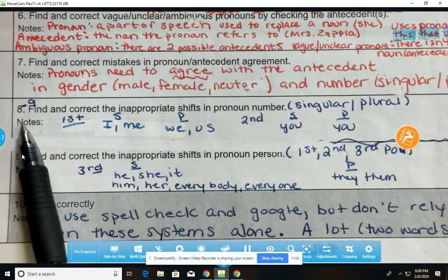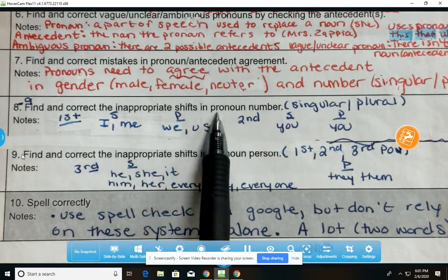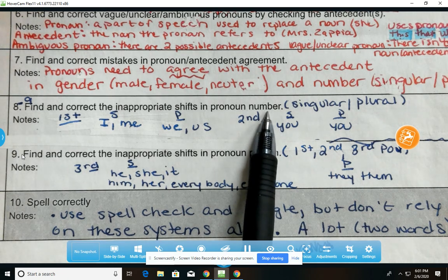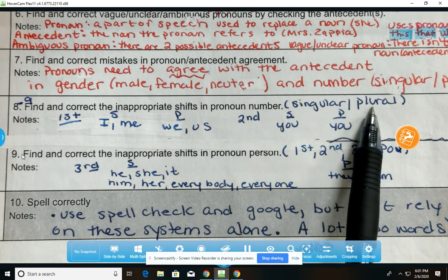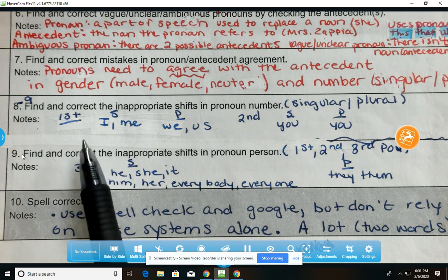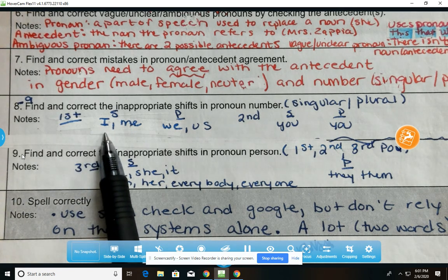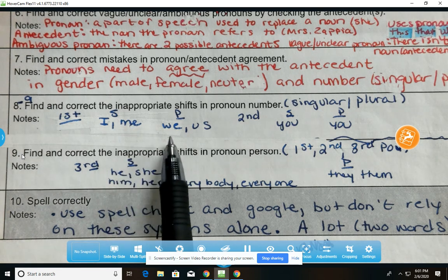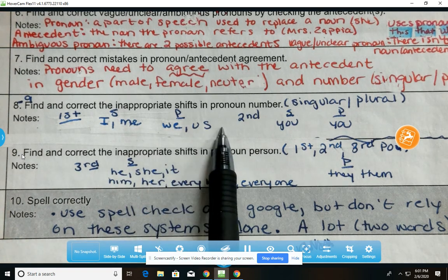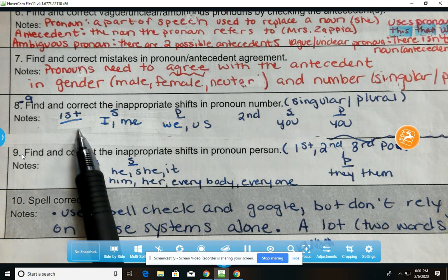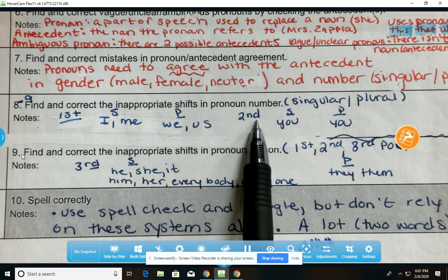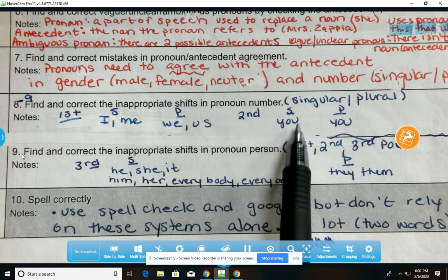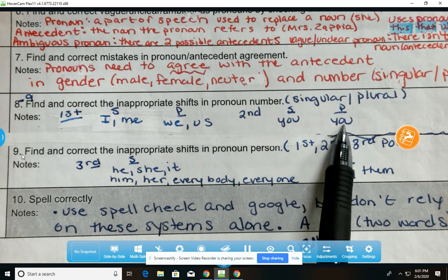So first, we are talking about pronoun number. Pronoun number means that pronouns can be either singular or plural. Some singular versions of pronouns include I and me, while some plural pronouns are we and us. Those are first person pronouns. In the second person, you is both singular and plural.